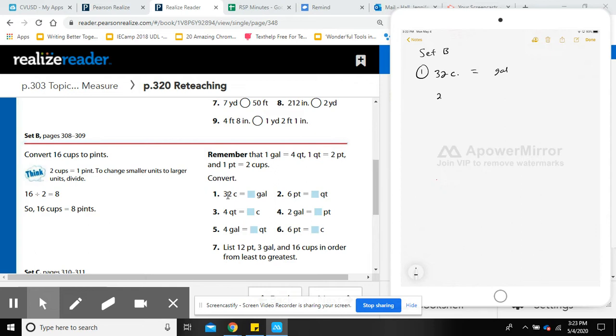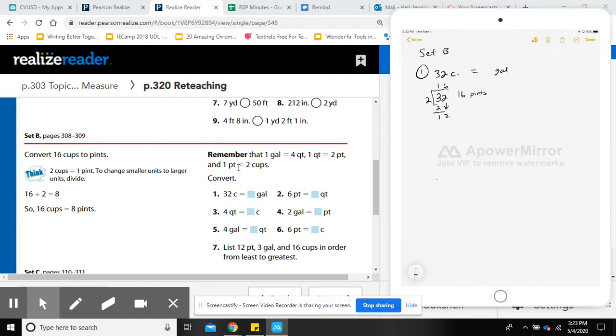So if I take my 32 cups and I divide them by 2, because 2 cups are in 1 pint, then I get 16. So that's going to be 16 pints.